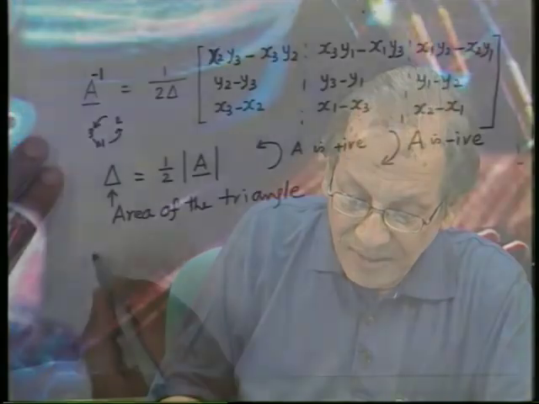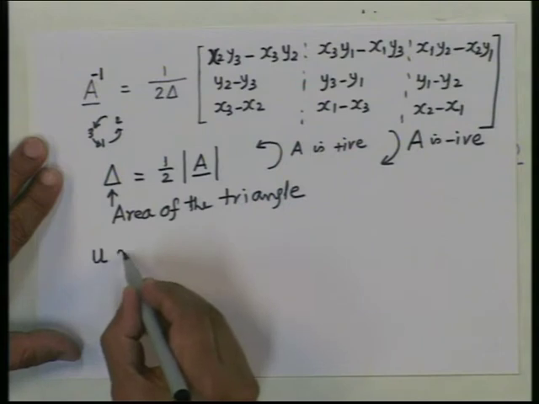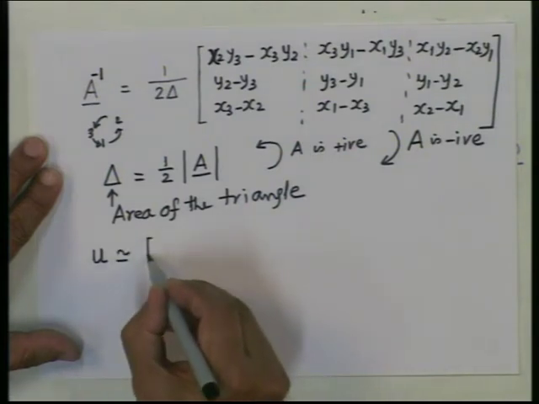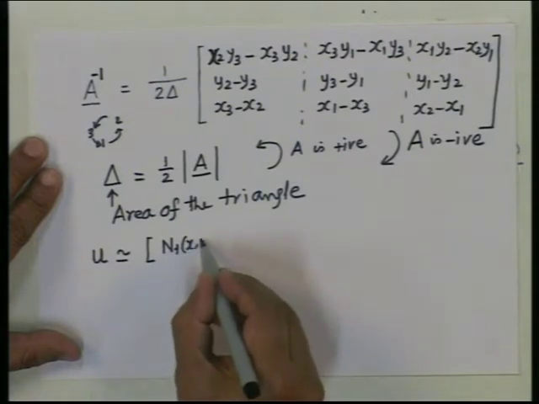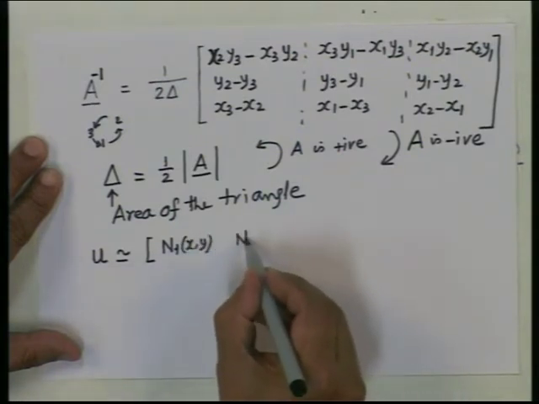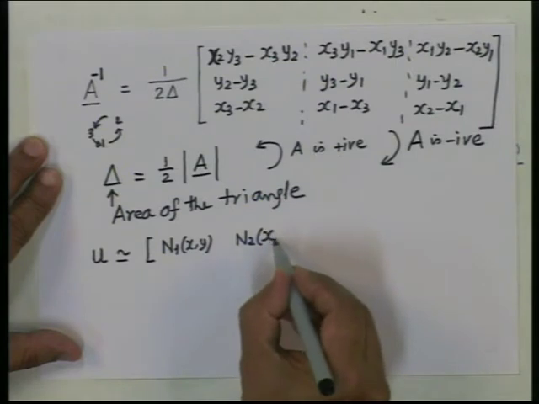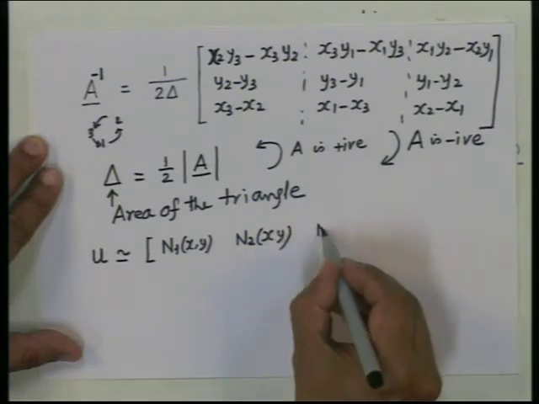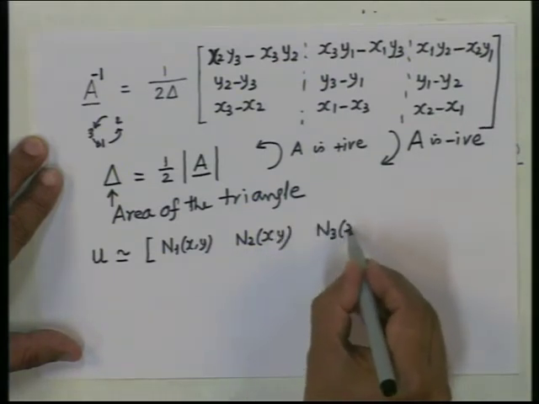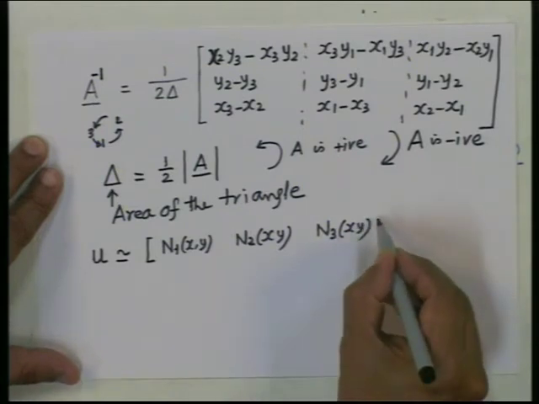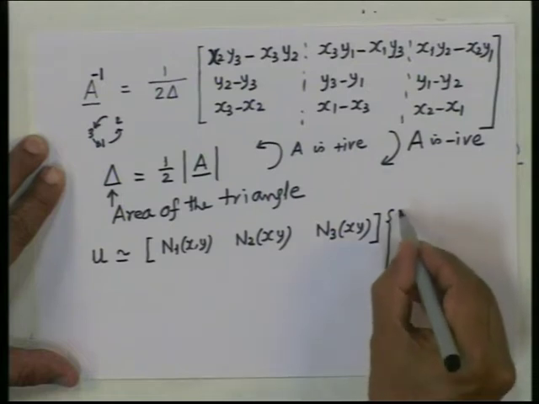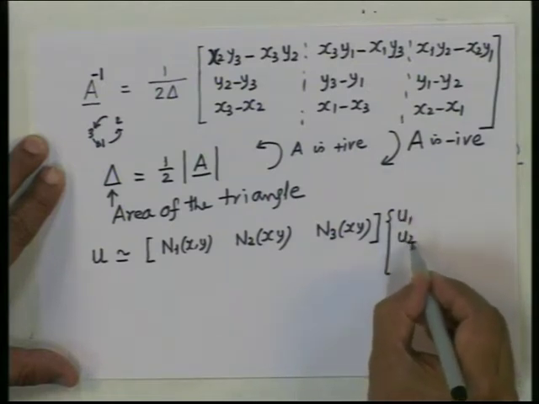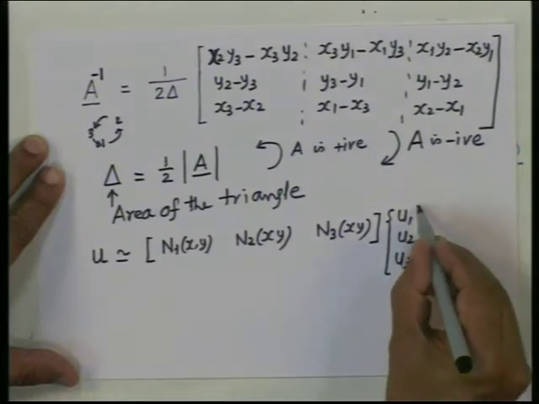Then we can write u in terms of shape functions N1(x,y), N2(x,y), N3(x,y) multiplied by u1, u2, u3.